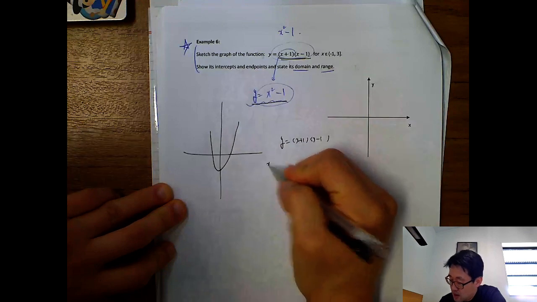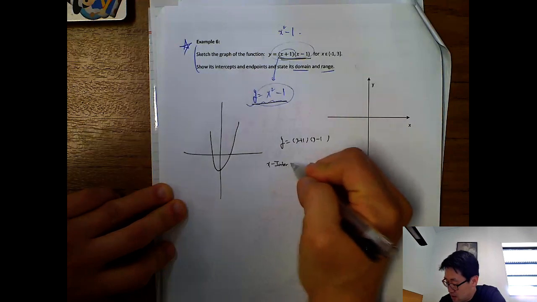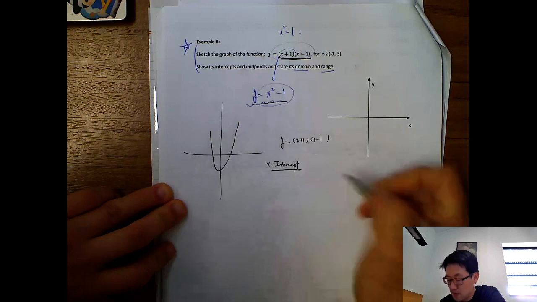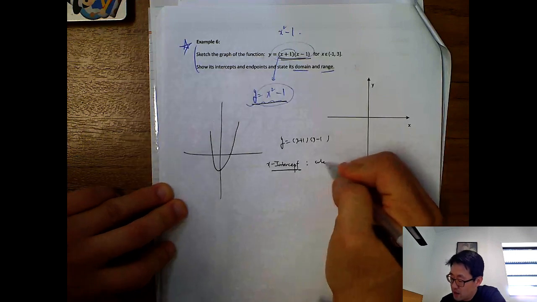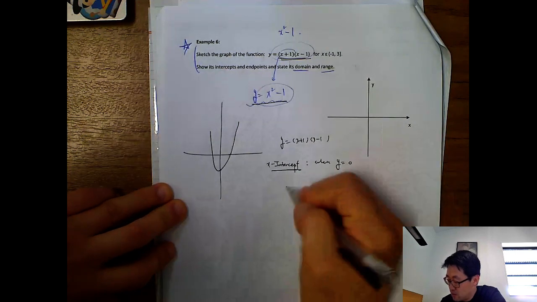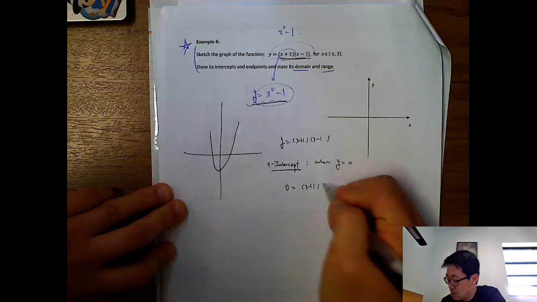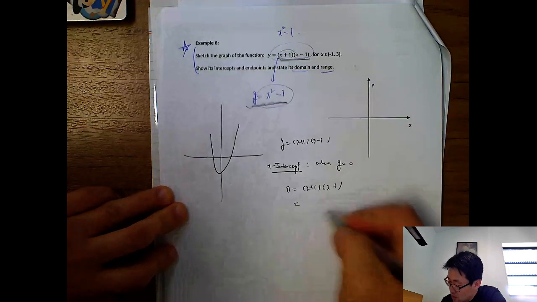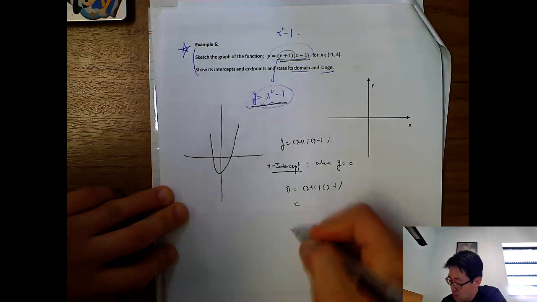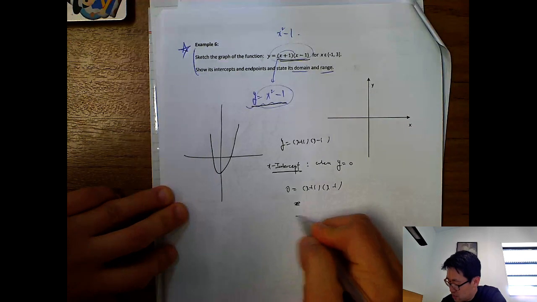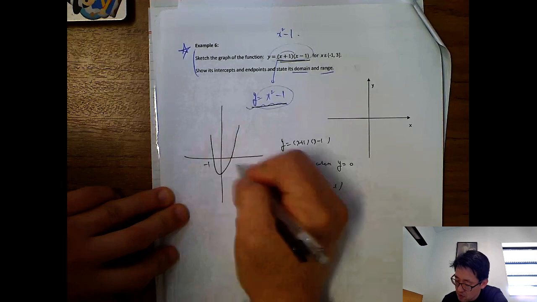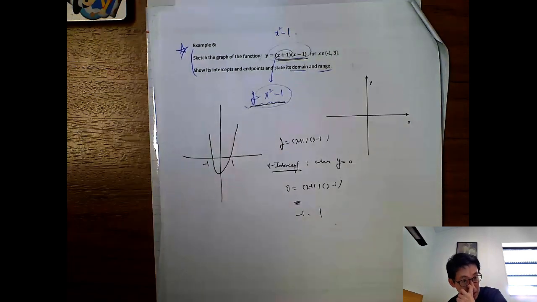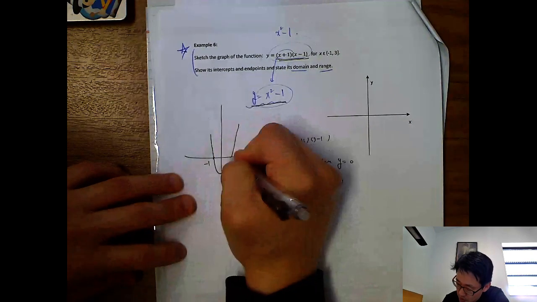Let's get the x-intercept here. When y equals 0, 0 equals x plus 1, x minus 1. That's easy enough, isn't it? And therefore x equals minus 1 or 1. You can get those x-intercepts here.